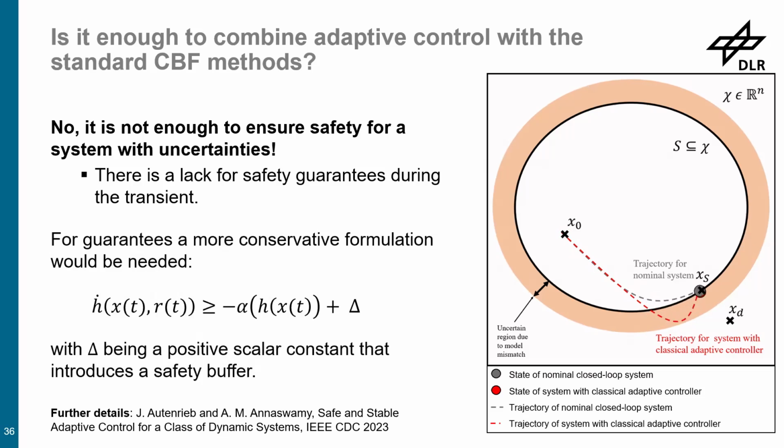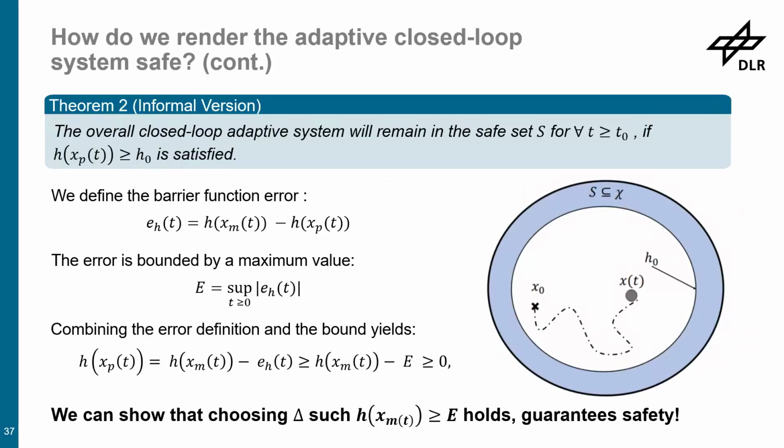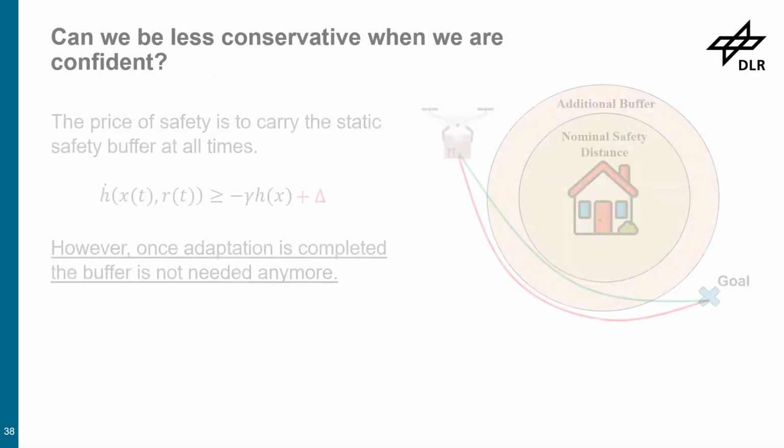And with that, you can stay safe. And for this, it works, right? So you basically just say, okay, if I know I have uncertainties and I have certain influences, I just make sure that I stay inside of a safe subset of S, right? And I'll just stay there. And this works, but it has some downsides.